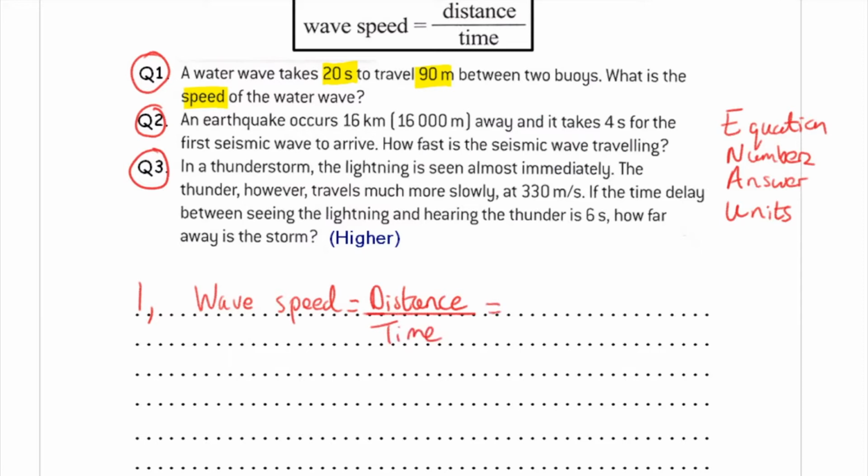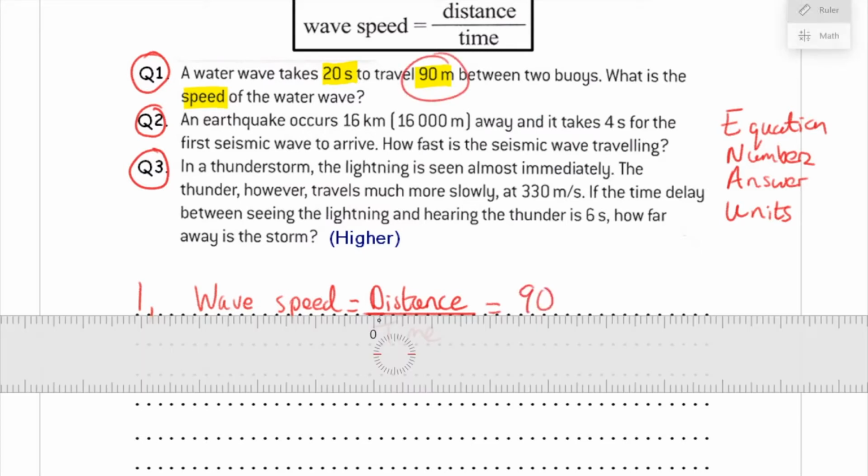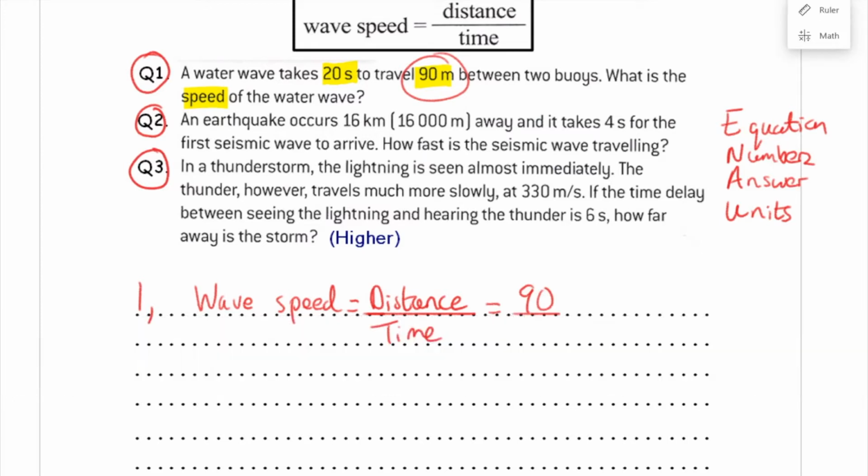And the distance on this occasion, look, is 90 meters. It's always good to highlight the important bits of information in a question. And the time is 20 seconds. If you divide 90 by 20, you can put that in the calculator. It's the same as dividing 9 by 2, which is 4.5. So 4.5 meters per second.